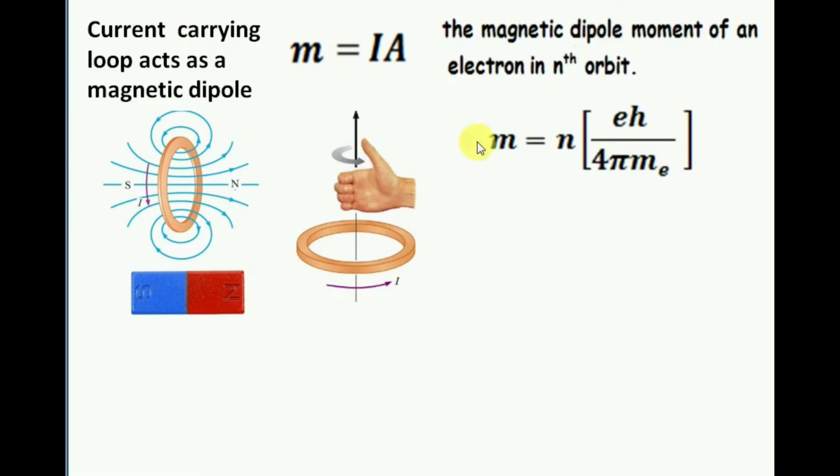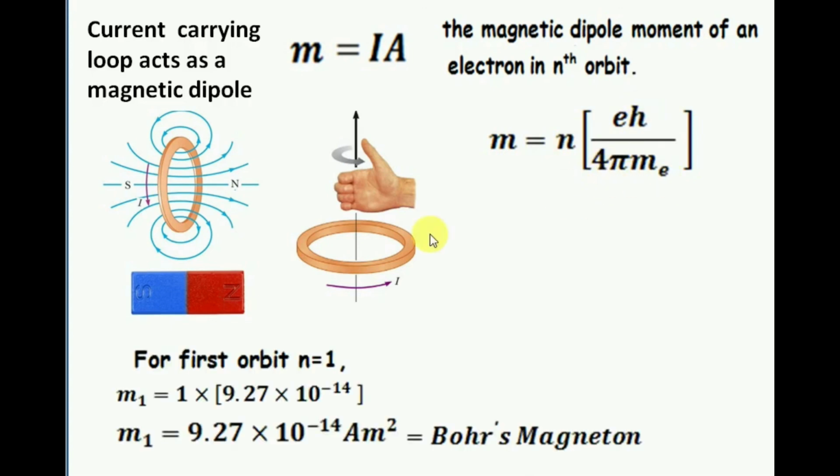The formula for magnetic dipole moment in nth orbit is m n is equal to n e h by 4 pi m e, and if you put this value and n to be 1, then you will get Bohr's magneton. Bohr's magneton is the magnetic dipole moment of the electron which is revolving in the first orbit of the hydrogen atom.